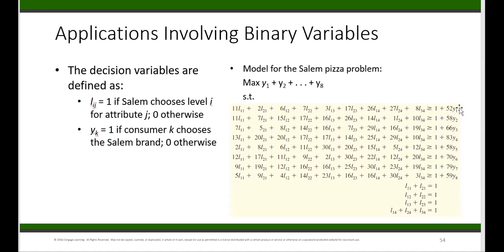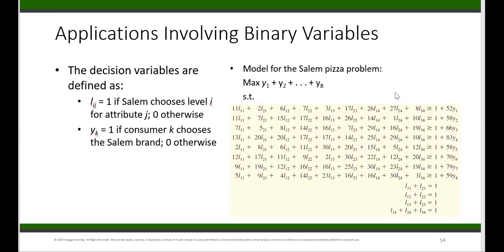So see what happens if the utility that this person gets, after you have a product design and all these LIJs, is less than 52. If this is less than 52, y1 has to be 0. Just instead of the left-hand side for the first constraint, put 30 and see what happens.